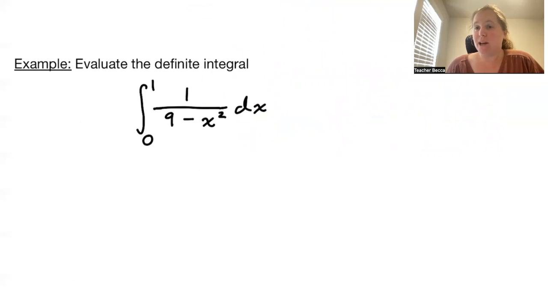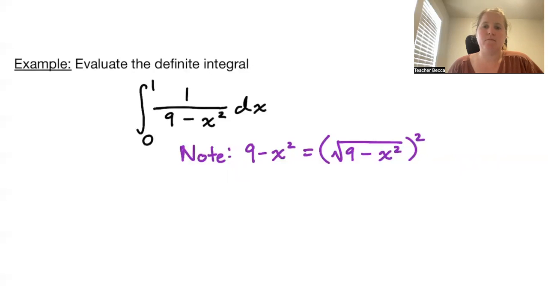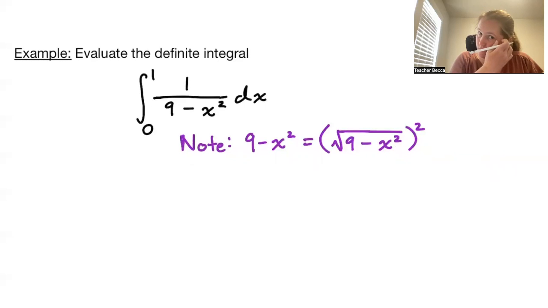So this one, we don't have a square root, but note that 9 minus x squared is the square of the square root of 9 minus x squared, as long as x is between -3 and 3, right?